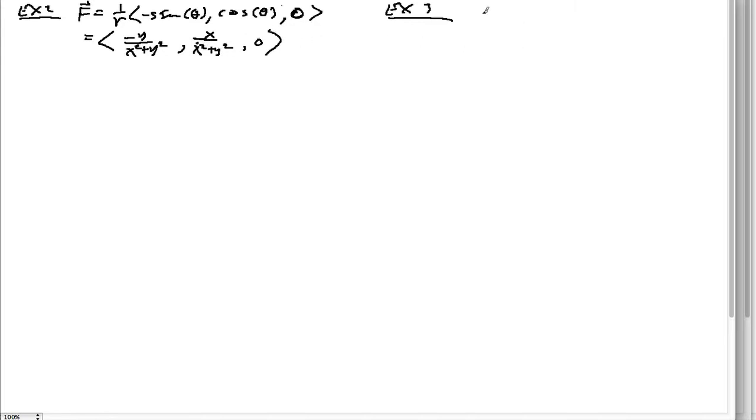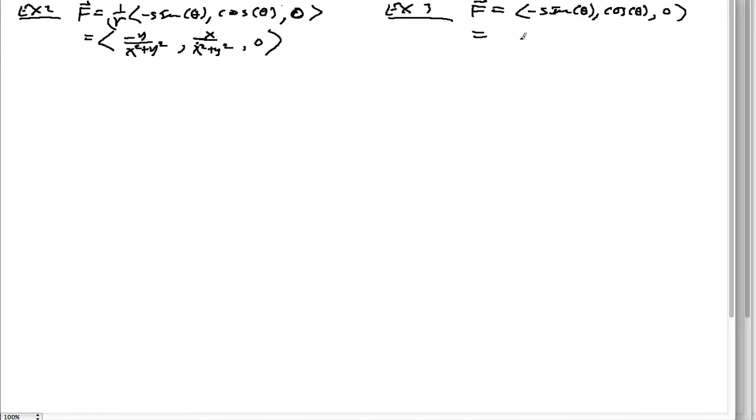All right. So our example 3, which we'll write on this page, is going to be a little bit different. We're going to call our vector field, it's going to be very similar to this one, but without the 1 over r dependence. So it's going to be just negative sine theta, cosine theta, comma 0.